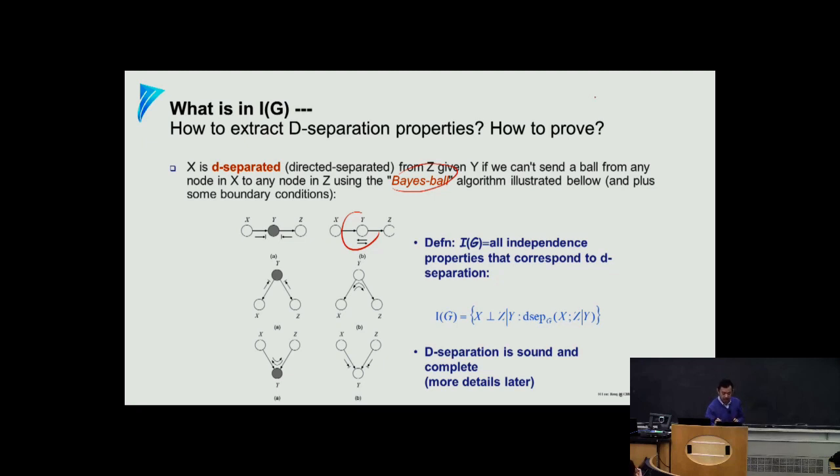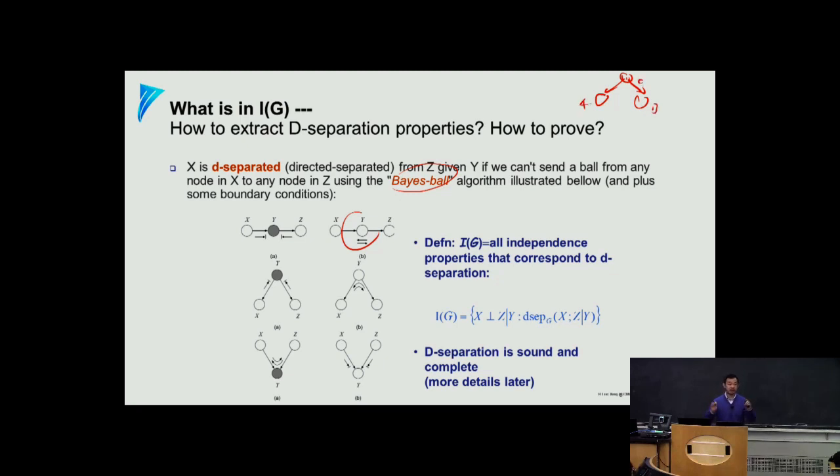Remember that in the beginning of last lecture, we proved one thing, which is that if you have this structure and you write down the joint based on the factorization rule, you can prove that they satisfy conditional independencies in the form of A independent of B given C. Right?